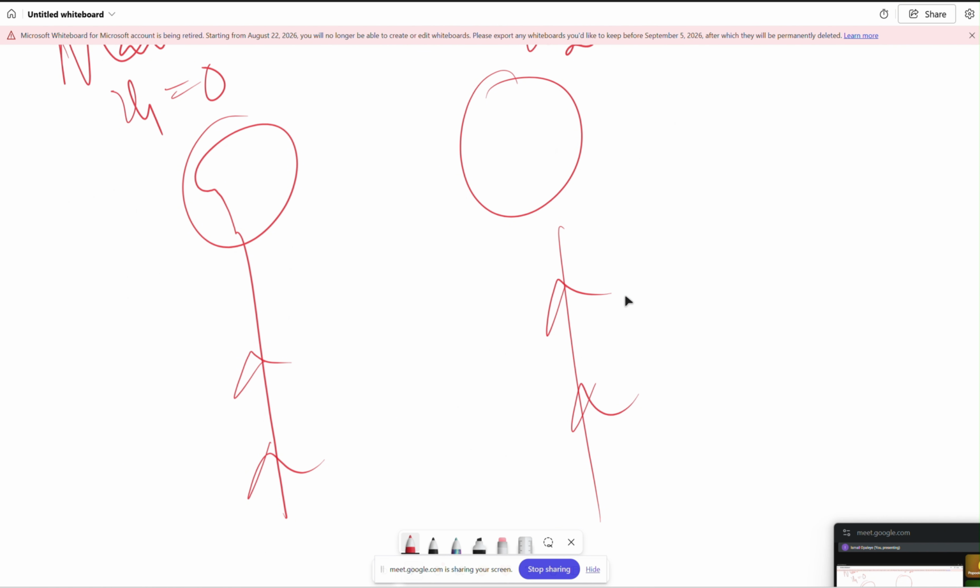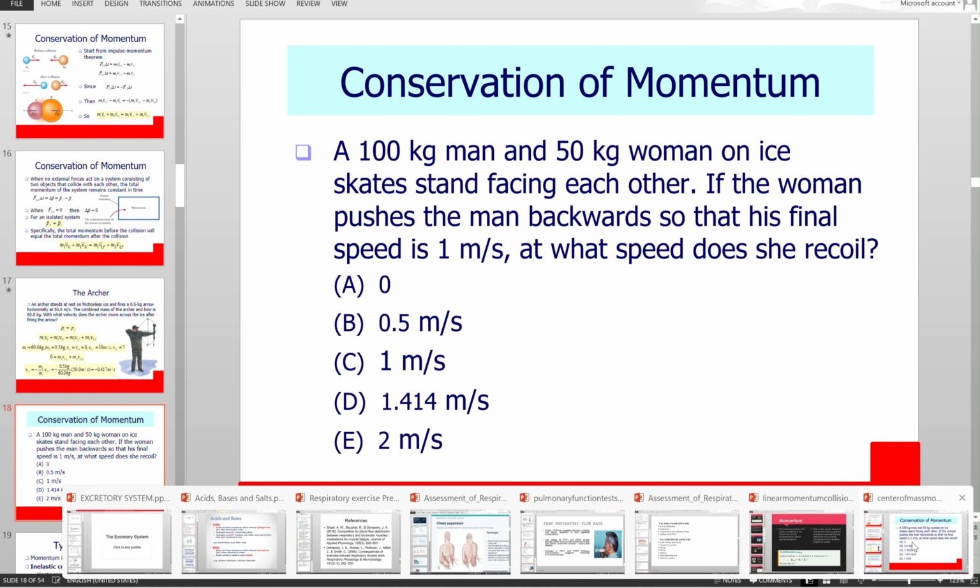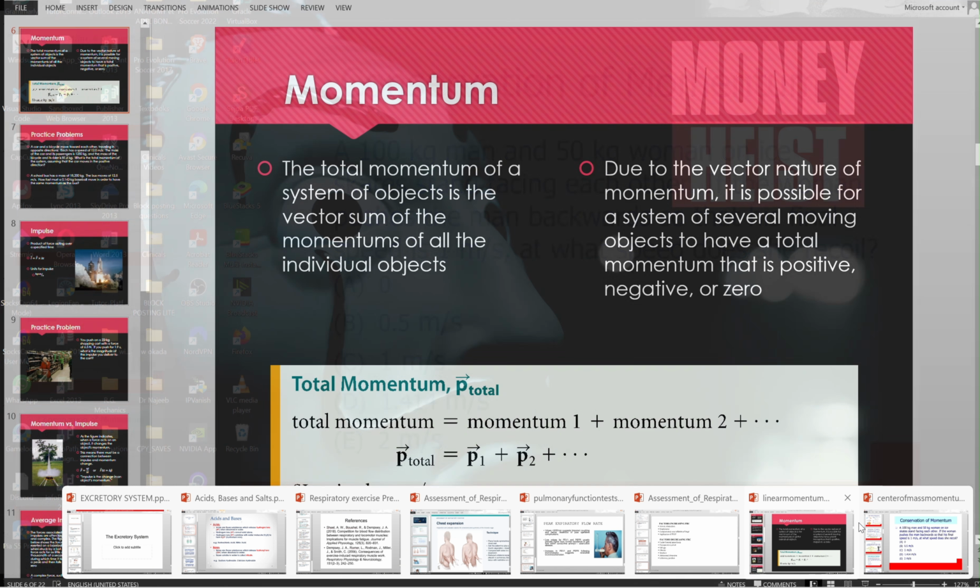It was now said that this woman pushes this one so that this has a backward velocity. That will be the final now, right? Final is equal to what? We mentioned 1 meter per second. So what will be the recoil of the woman? We're looking for V2. Are we together? Yes, sir.